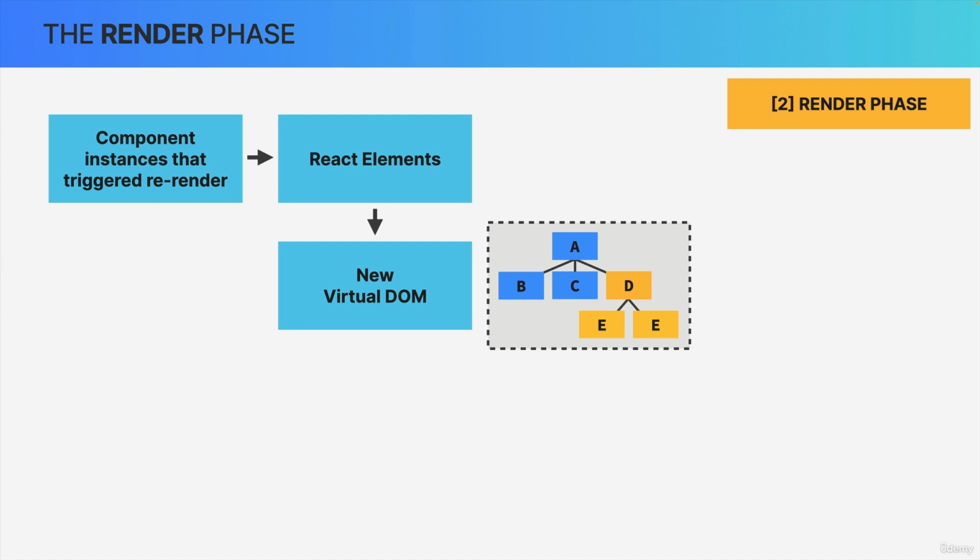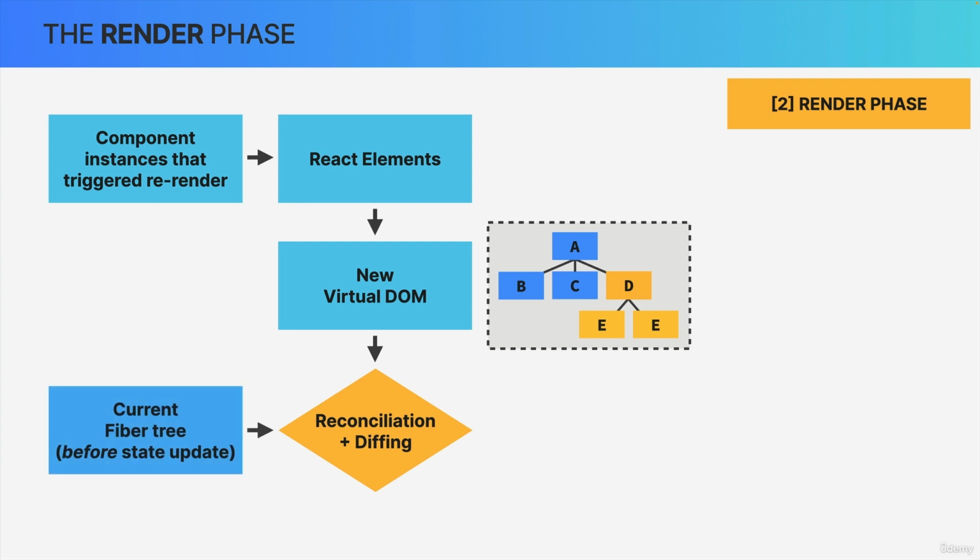So what happens next is that this new virtual DOM that was created after the state update will get reconciled with the current so-called fiber tree as it exists before the state update. Now this reconciliation is done in React's reconciler, which is called fiber, and that's why we have a fiber tree.